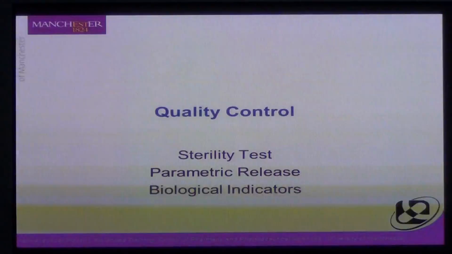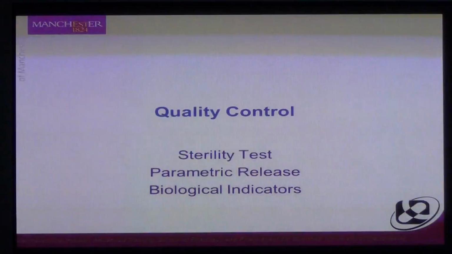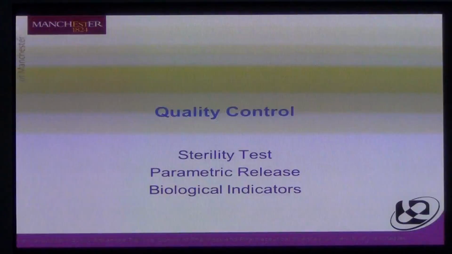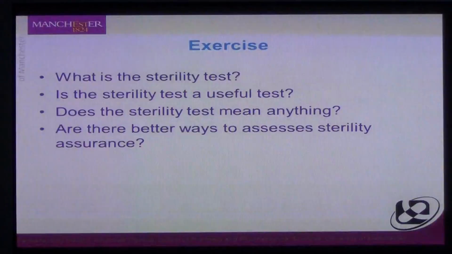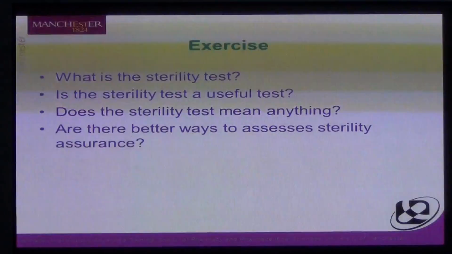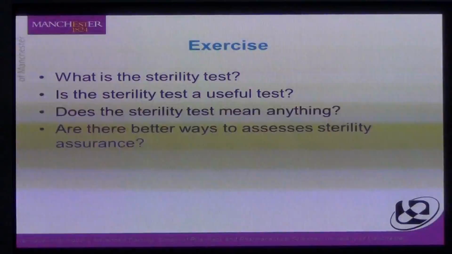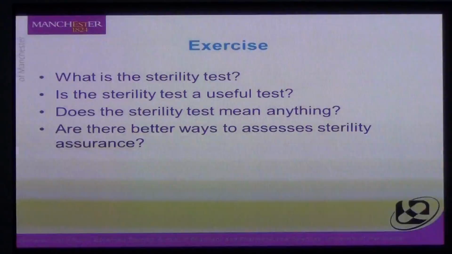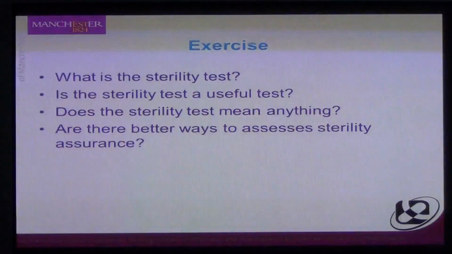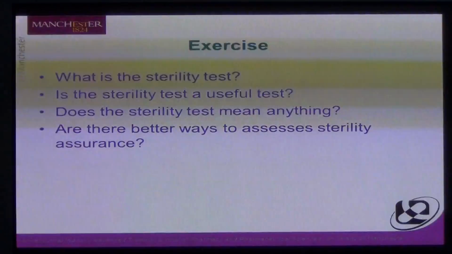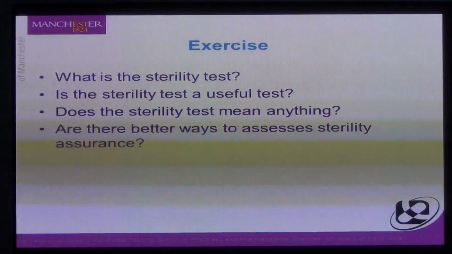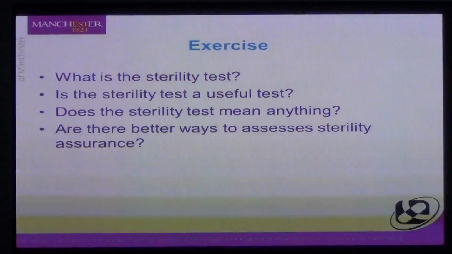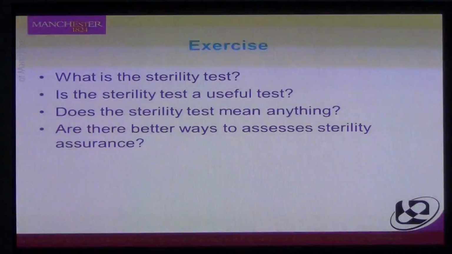Okay, I'd like to now have a look at quality control and have a look at sterility testing, parametric release and biological indicators. So first of all, it's time for another exercise, and I'd like you to go into groups, and I'd like you to write down and debate: What is the sterility test? Here's the controversial question. Is the sterility test any good?